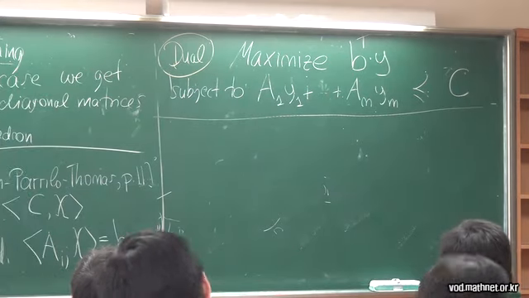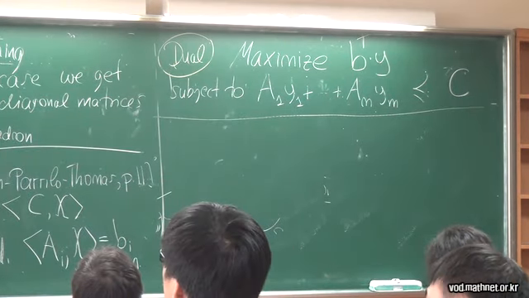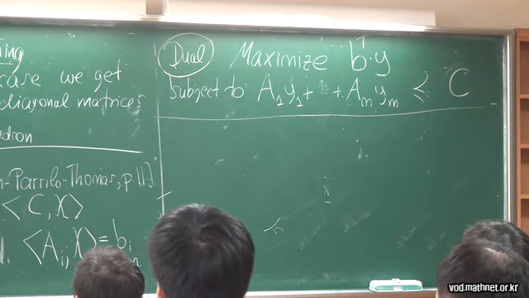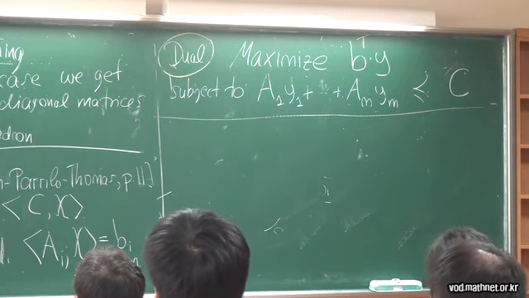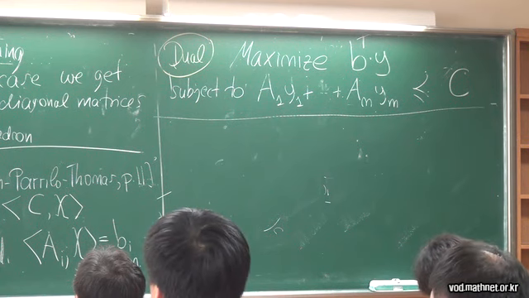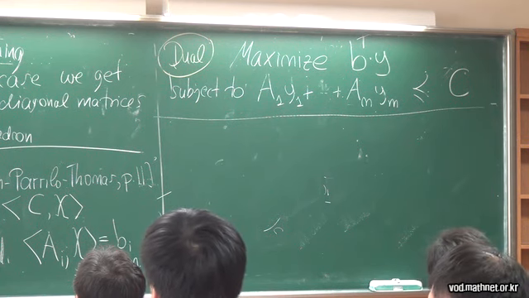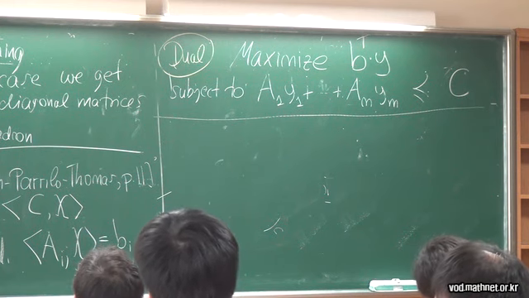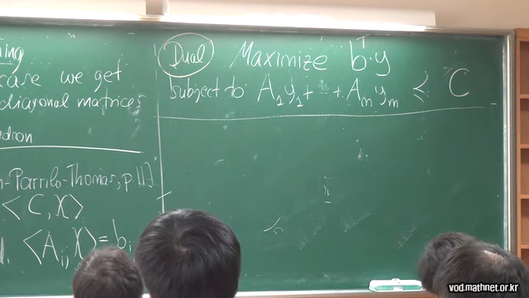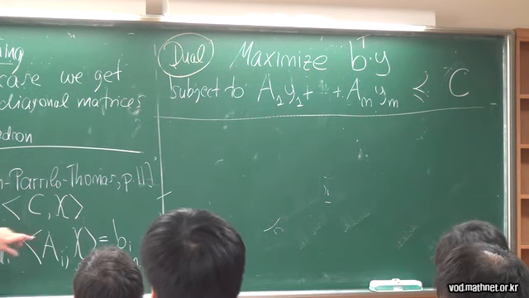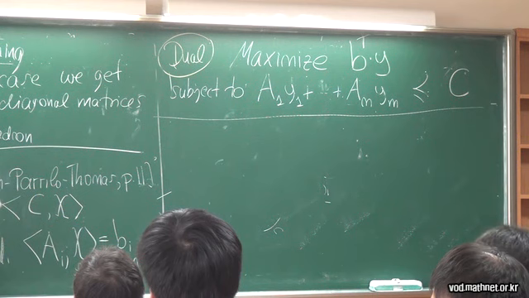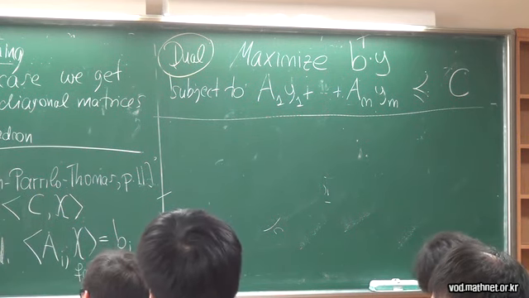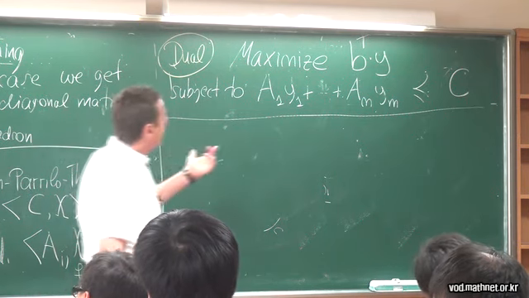Okay, let's unravel this. In this dual, the decision variables are y1, y2, up to ym, and they form a column vector. Those are the unknowns, the decision variables. We want to find a column vector y with m coordinates. Now I want to maximize a linear function. This is just a dot product of two vectors. So b transpose is a row vector with these coordinates bi. We just take the dot product, b1 times y1 plus b2 times y2, and so on. Now this is a linear combination of matrices.